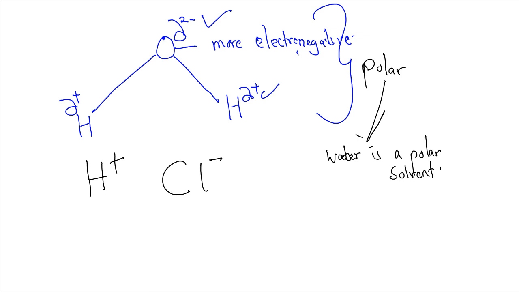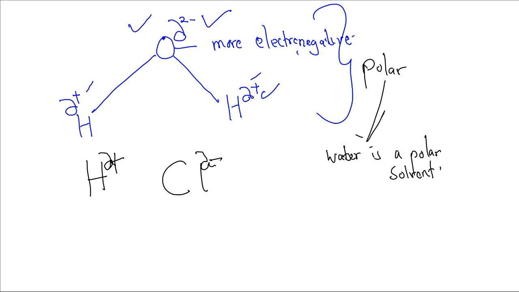The chlorine end of the molecule, therefore, will develop a partial negative charge as the hydrogen end develops a positive charge. Meaning, now water has negative and positive ends.